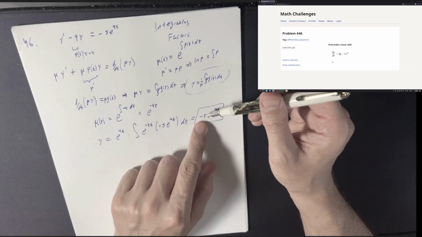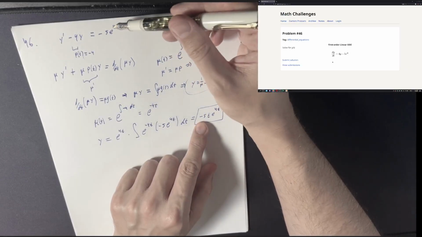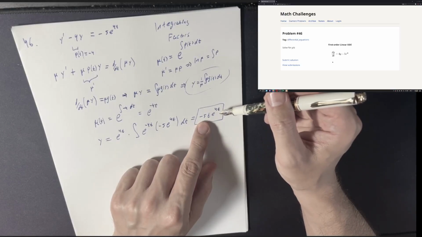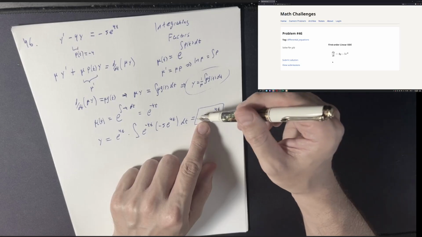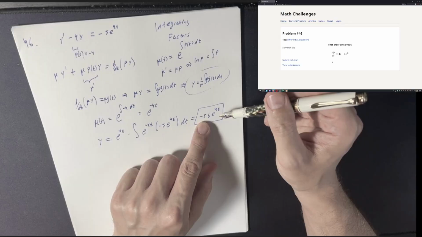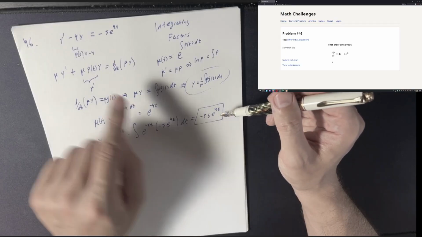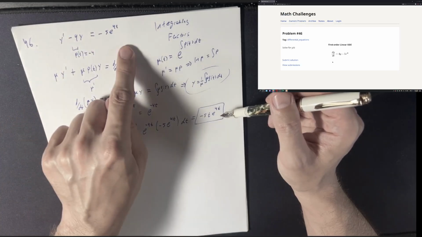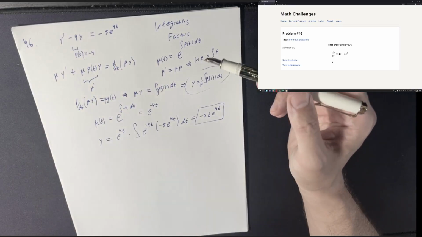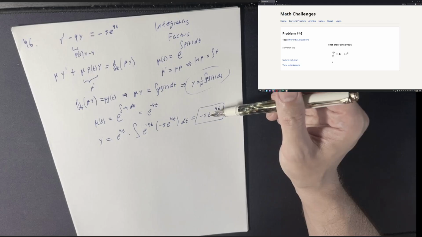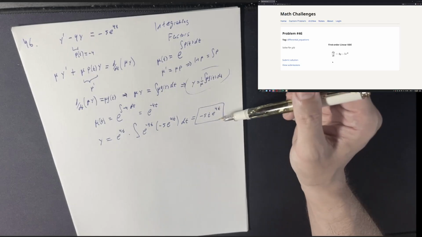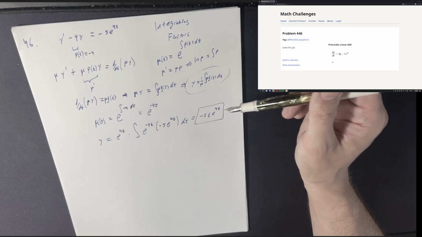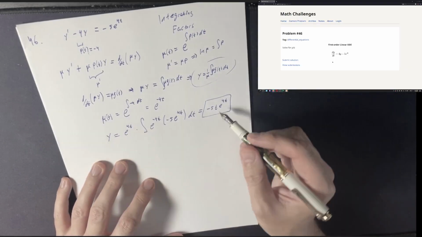If you take the derivative of the first, you get this, plus the first times the derivative of the second would give you minus 20t. If I add this, I get 4y, which is negative 20t. Did that make sense? I'm just trying to verify that.